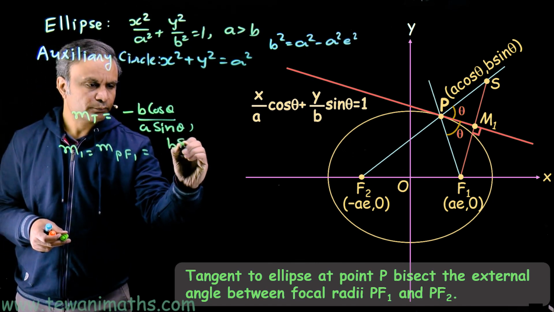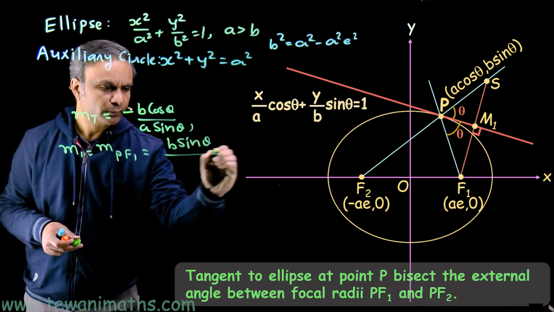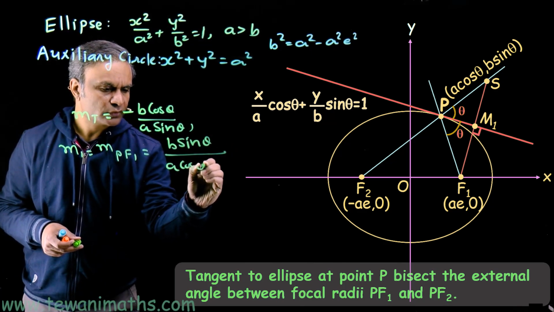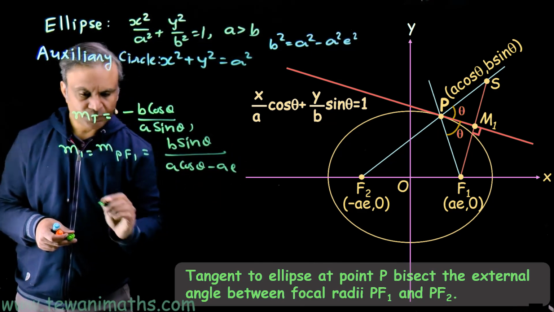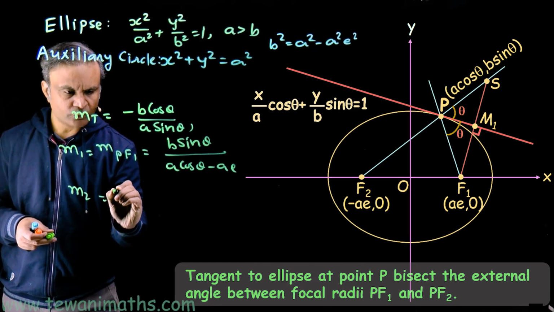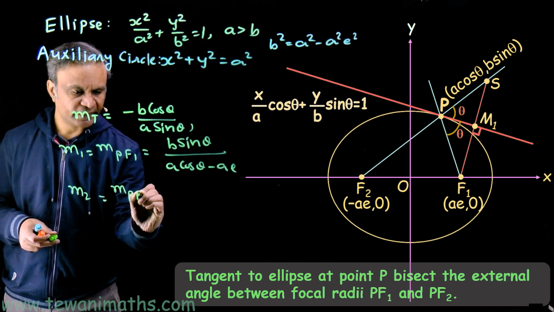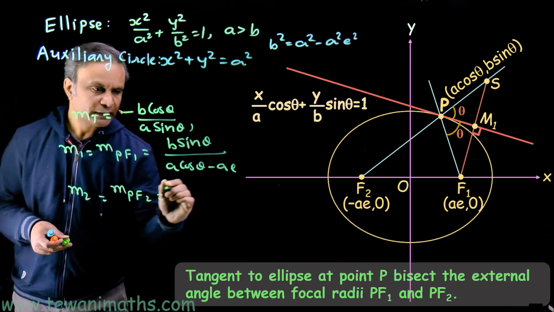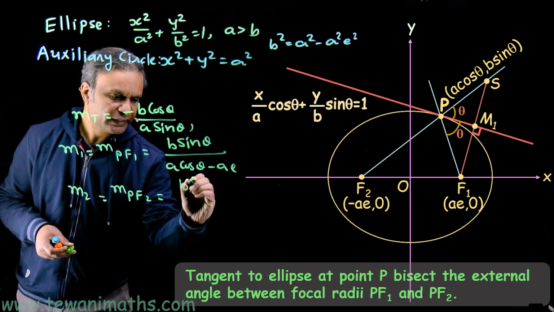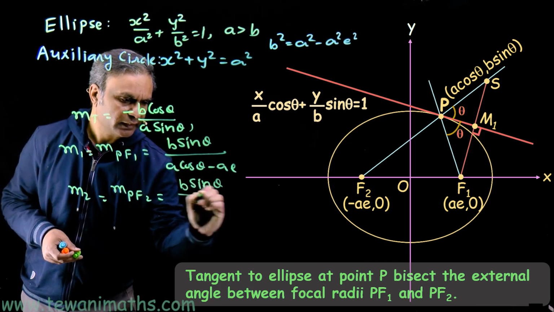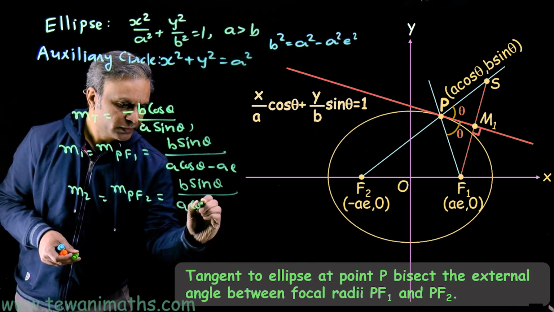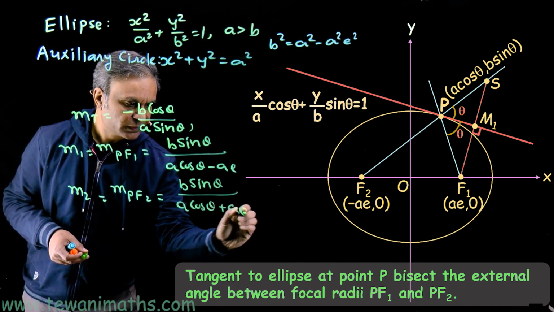Slope will be b sin theta upon a cos theta minus ae, and slope of line PF2, say m2, is b sin theta upon a cos theta plus ae.